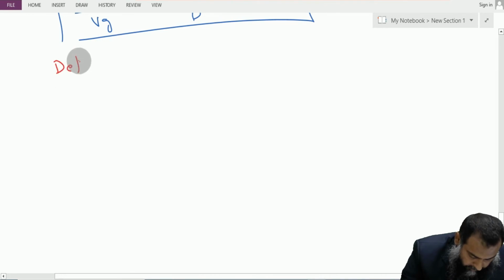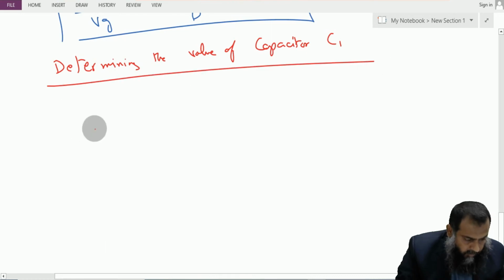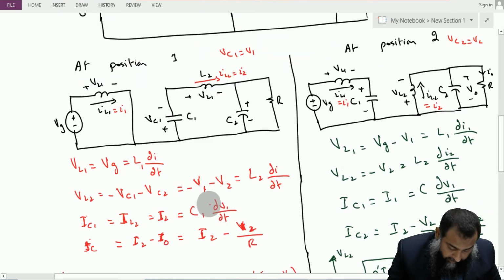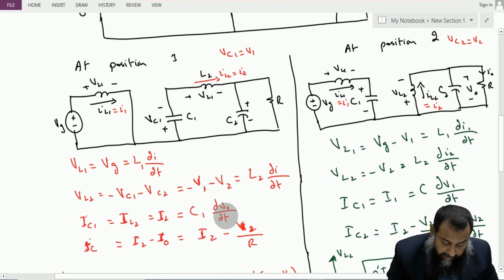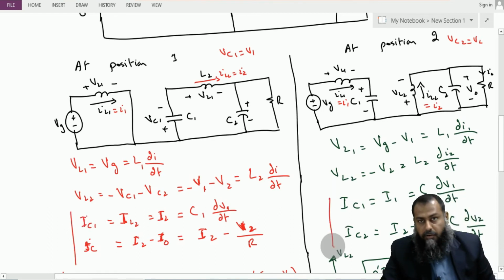For C1, we know that the rate of change in the voltage dV1 over dt is equal to I2 over C1, and for switch position number 2, it is equal to I1 over C1. So we will use these equations for finding out the value of the input capacitor and the output capacitor.